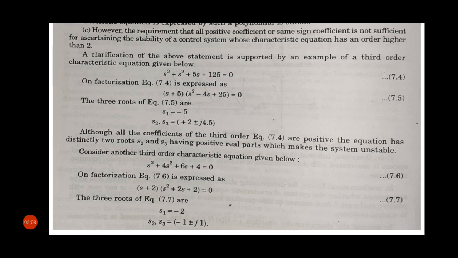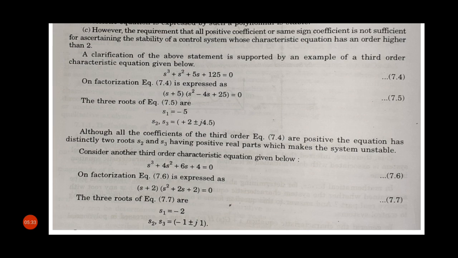Okay. Now consider another third order characteristic equation, s cube plus 4s square plus 6s plus 4 equal to 0, given the equation number 7.6. On factorization of this equation we can write s plus 2 into s square plus 2s plus 2 equal to 0.